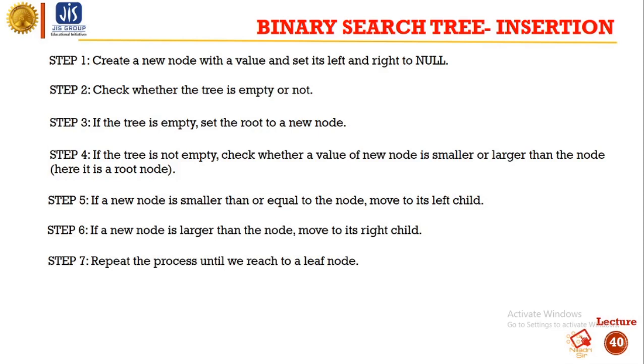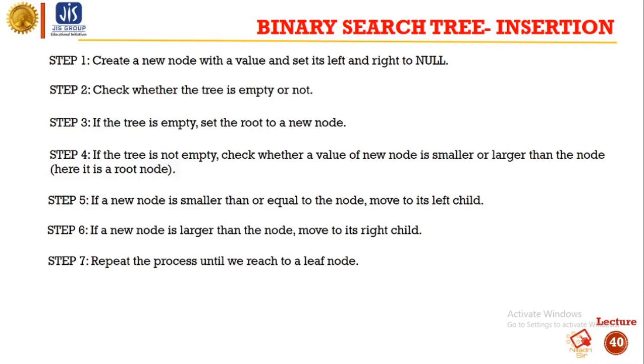So in step 1, we create a new node with a value and set its left and right to null. In step 2, we check whether the tree is empty or not. In step 3, if the tree is empty, we set the root to the new node. In step 4, if the tree is not empty, we check whether the value of the new node is smaller or larger than the node.